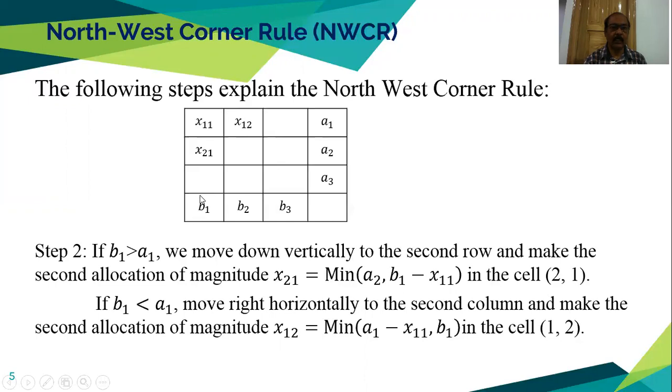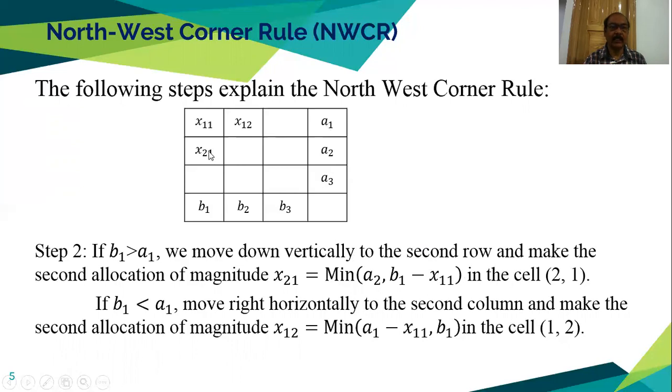Since there is no availability in source 1, that means in row 1, we have to move to row 2. So now we have to allocate x21, which would be the minimum of A2 and B1 minus x11, where x11 is basically A1, in cell 2,1.